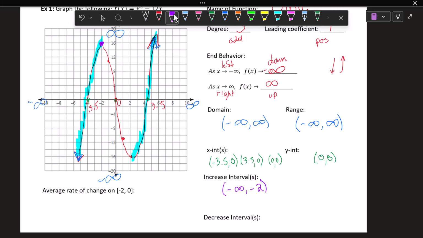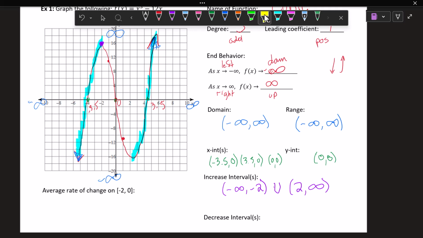Remember, we use the x values. Then union, and it starts happening here again at 2. It starts increasing, and it goes on forever. So negative infinity to -2, and 2 to infinity, just like we did last chapter.